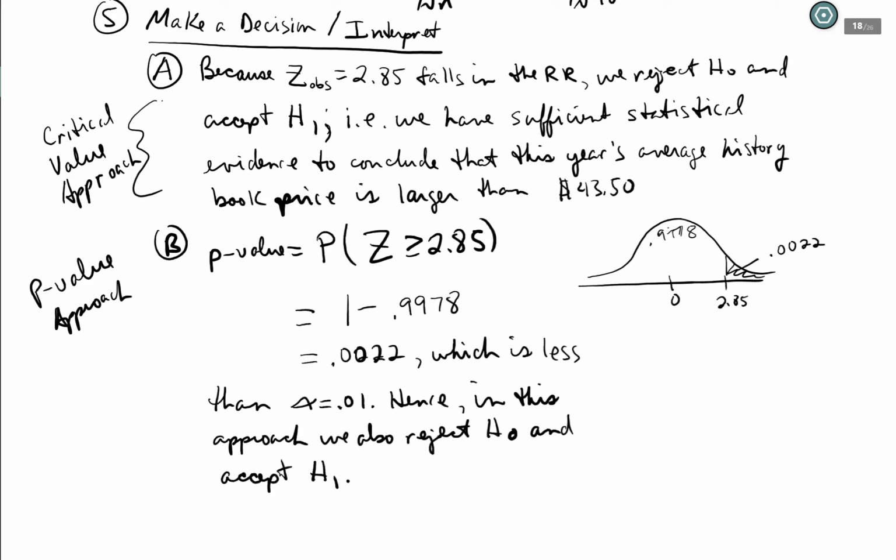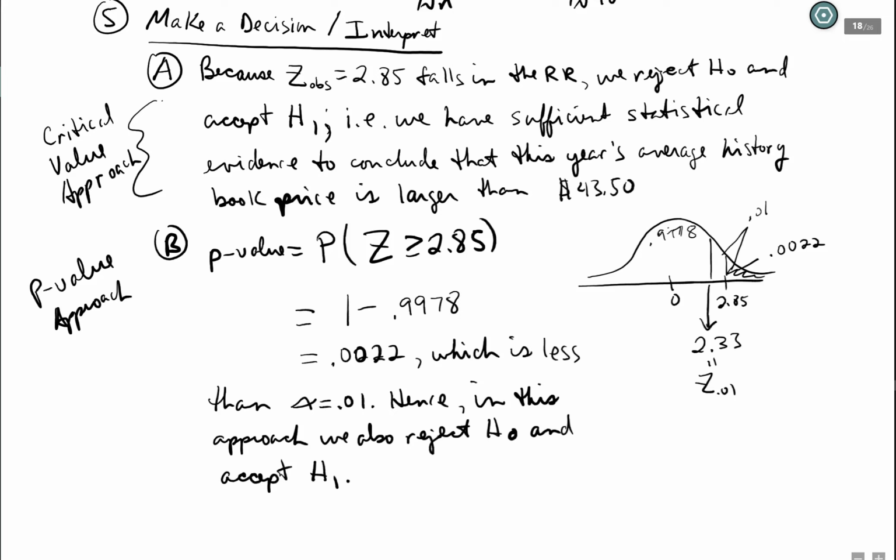To put a picture to what's going on with our p-value, 0.0022 is the area under the curve to the right of 2.85. Recall, we had another value here, which was 2.33, and that was z sub 0.01. The area under the curve to the right of 2.33 is 0.01. And so that total area here and here combined is 0.01.